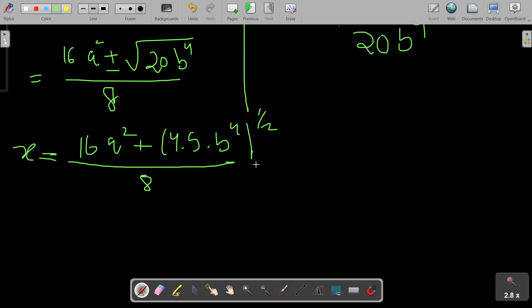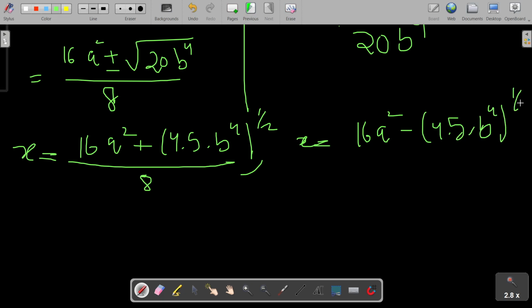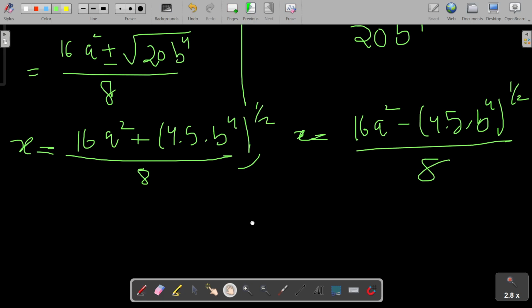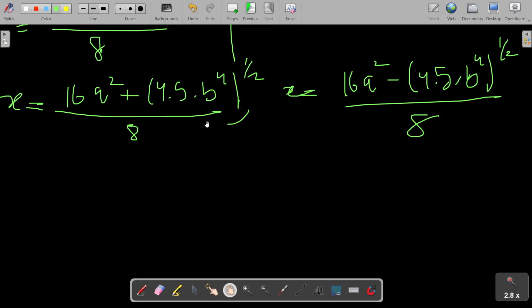One x value is this, and the second x value is 16a squared minus 4 into 5 into b power 4 into 5 power 1 by 2 over 8. Let's simplify this. 4 is 2 squared, whole power 1 by 2, so the 2 gets cancelled.